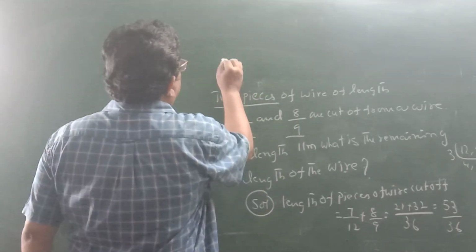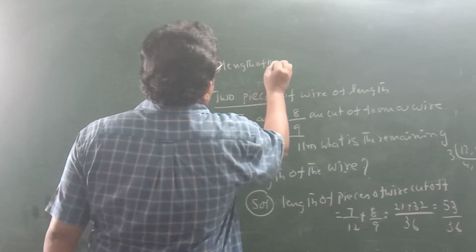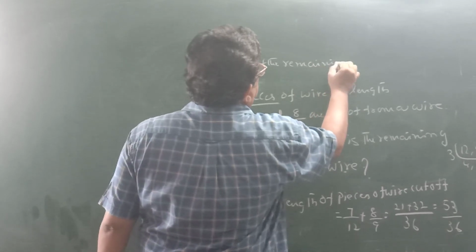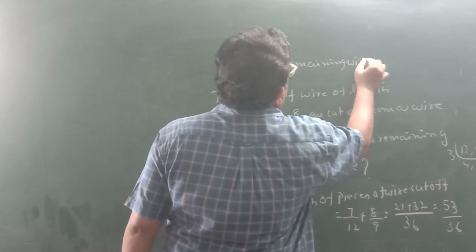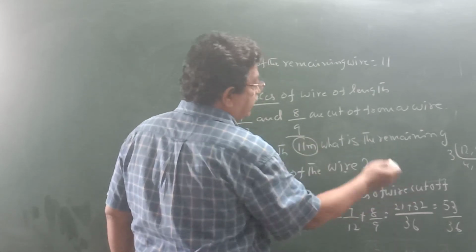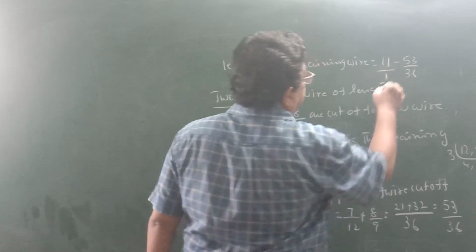So the length of the remaining wire is equal to, from 11, that is the total length of the wire, you want to subtract 53 by 36. 11 has no denominator, so it means 1.